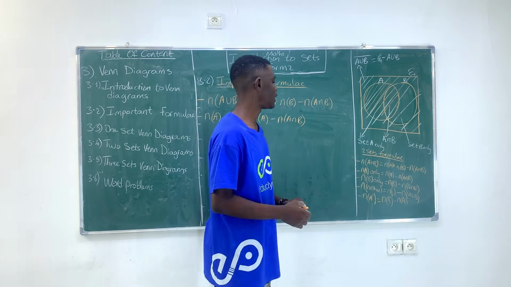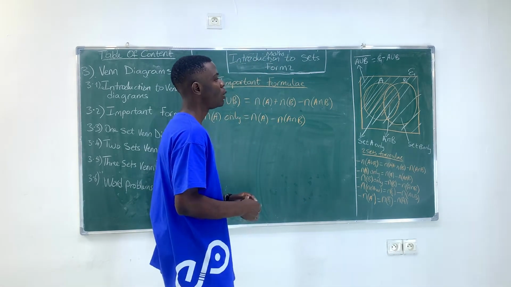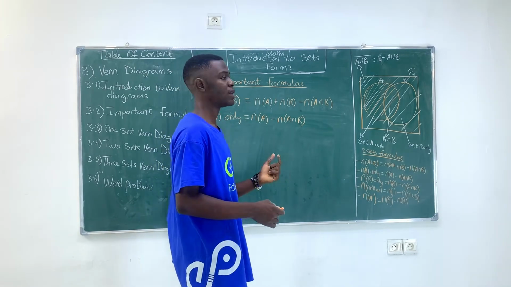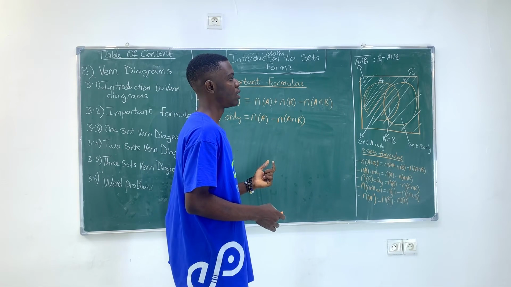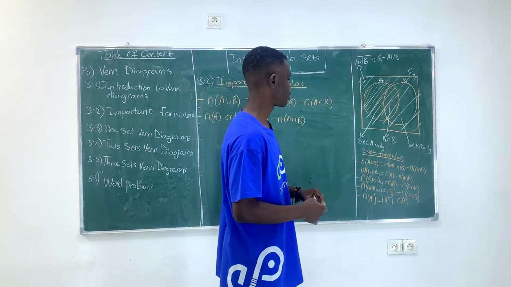The last one says at least. When they ask you for the number of elements that are at least in A or B, what formula are you going to use?